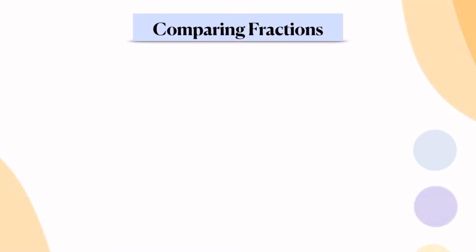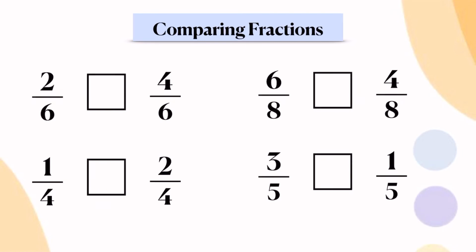Let's try again. Comparing fractions. Can you see they all have the same denominator? So what you have to do is compare the numerators. Can you tell me, is 2 over 6 less than or greater than 4 over 6? Less than, right? So this is the answer.